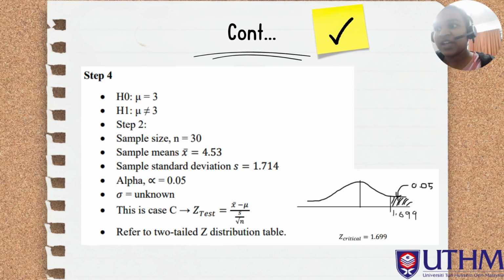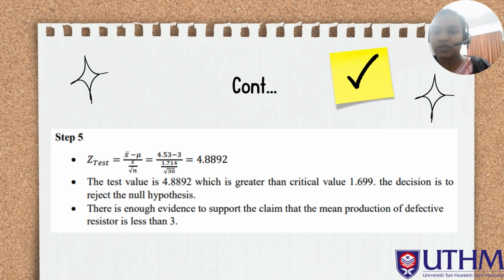Next we find the Z critical value. From the calculation we've done, the critical value is 1.699. We then calculate the Z test score to see whether we can accept or reject the null hypothesis. With the calculations, we get 4.8892, which is more than the critical value, so it falls in the reject zone.